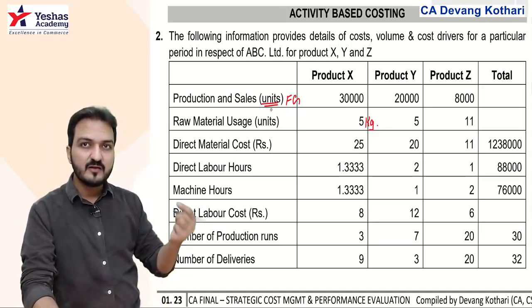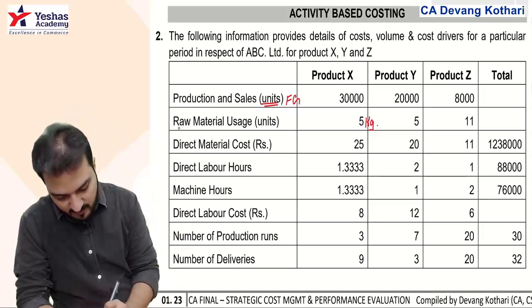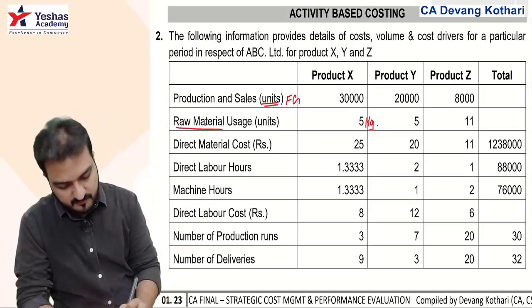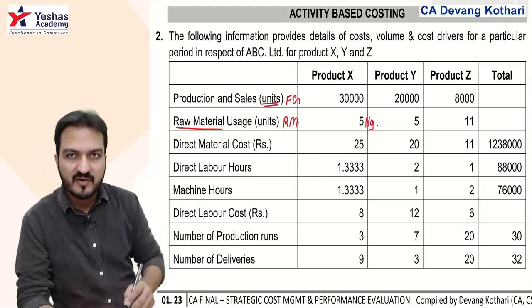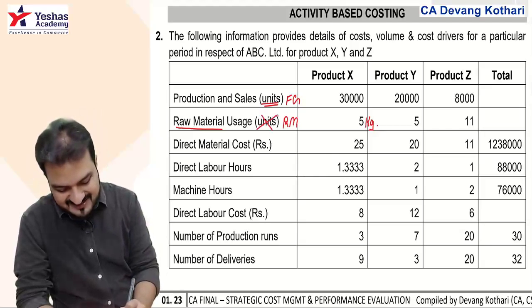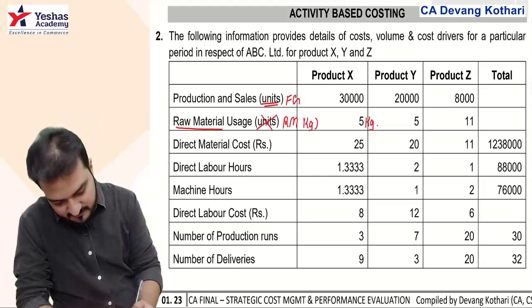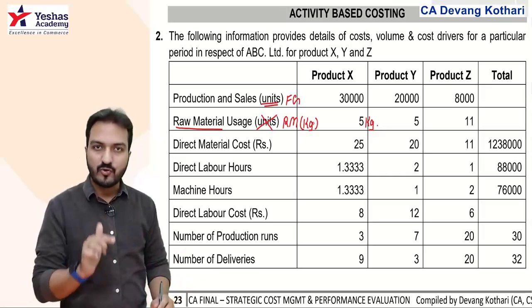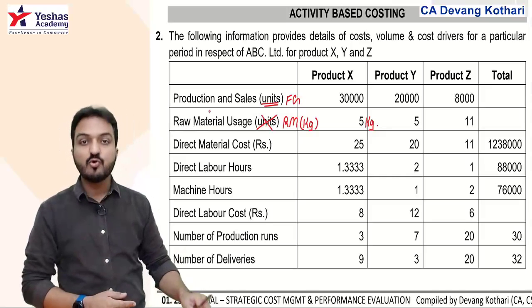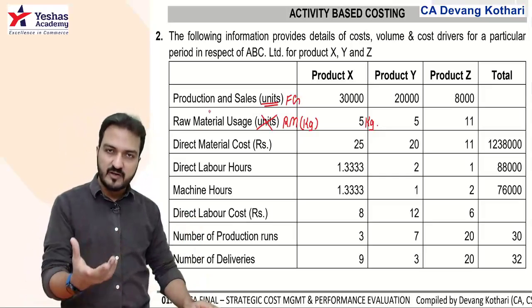But then raw material usage units you are given. If it is raw material units, I will not measure it in units. Let me say it is measured in kgs. I am not changing the question here, but I am giving you a general set of wordings for my explanations.